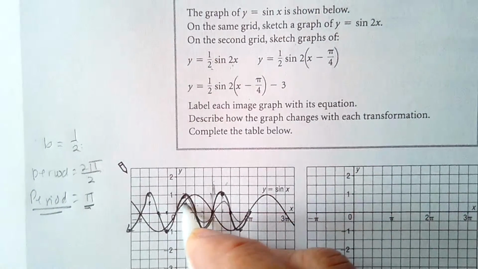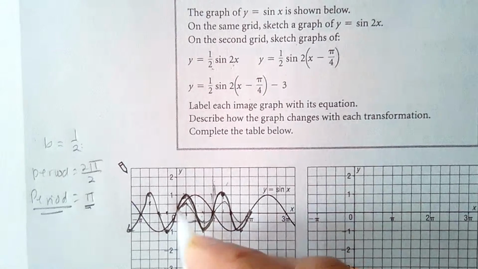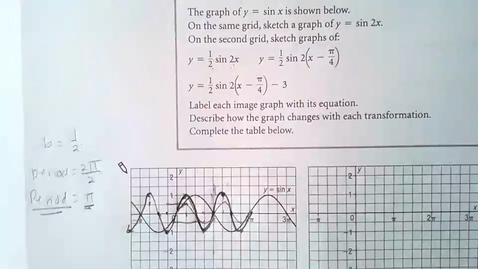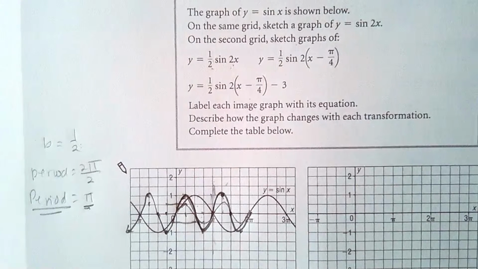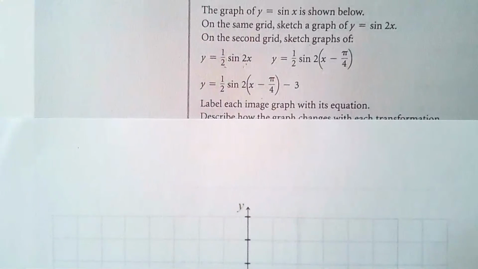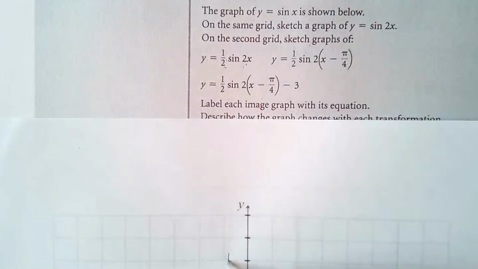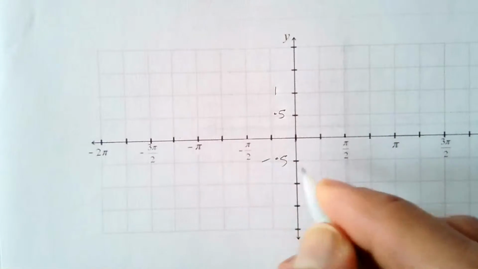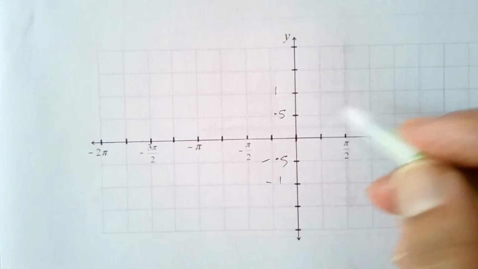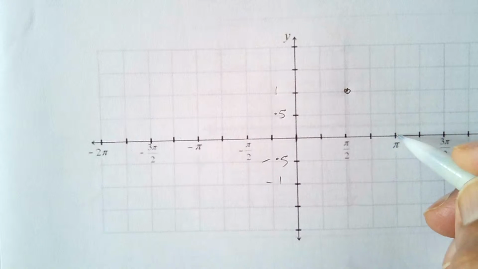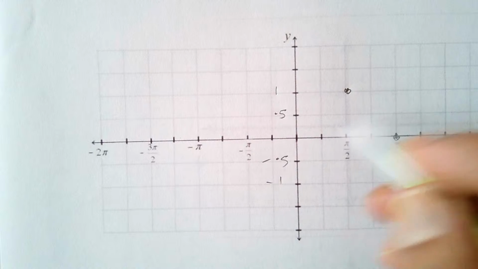So if I were to redo that on a graph such as this here, with 0.5, 1, negative 0.5, negative 1, 2 pi is your sine function, this would be your standard graph.